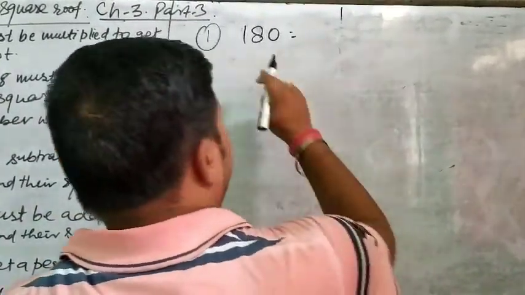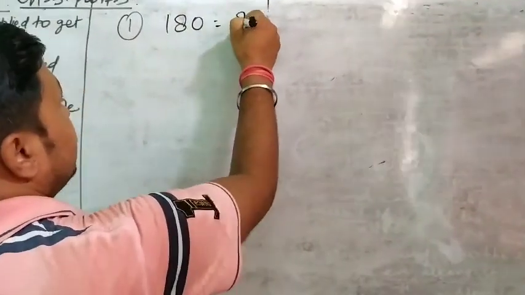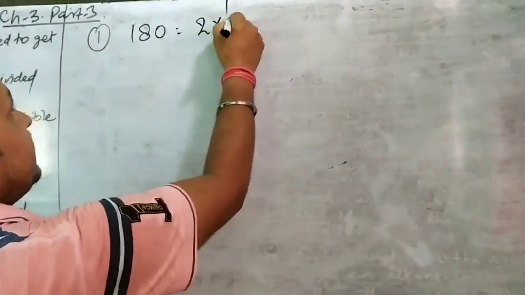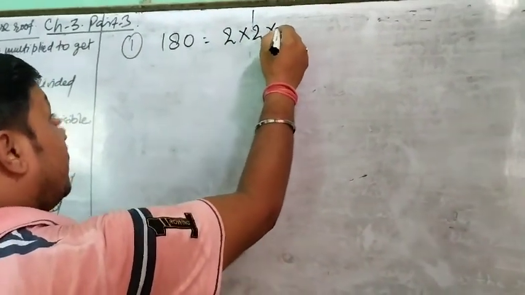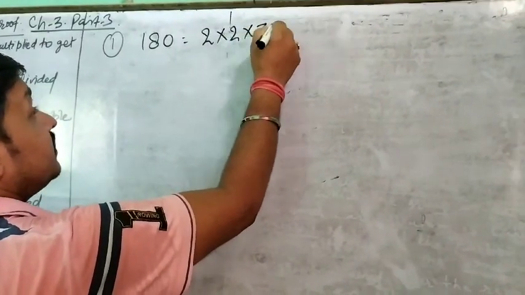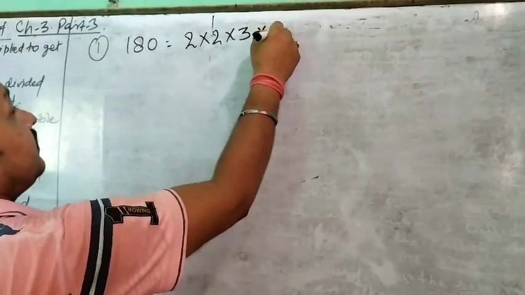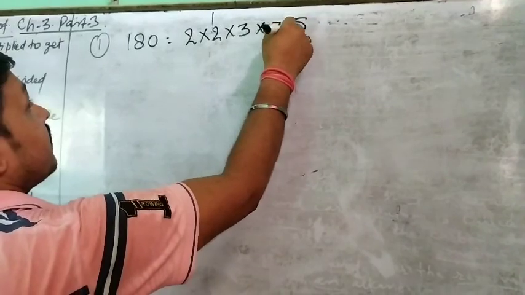At first, factorize this 180. 2 times 90. 90 is 2 times 45. 45 is 3 times 15, and 15 is 3 times 5.